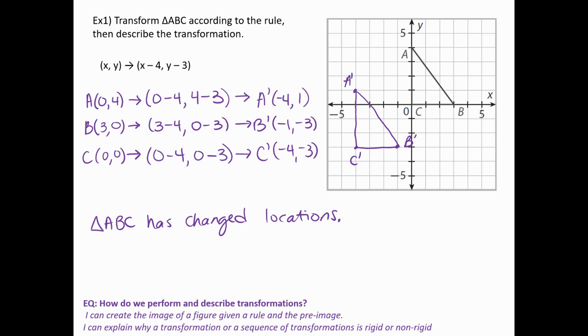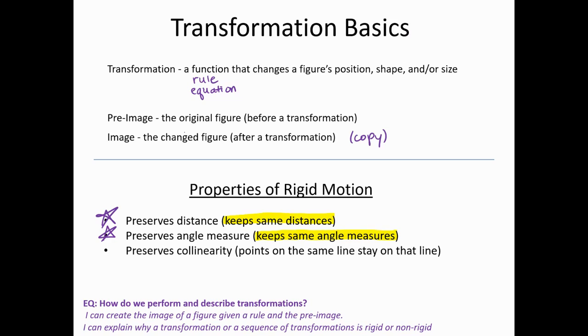And then the other comment we would make is about whether or not this is rigid motion. So the key for rigid motion is that all the lengths, so the distances for your sides, all the lengths and all the angles stay the same. Or another way of looking at rigid motion is only location changes.